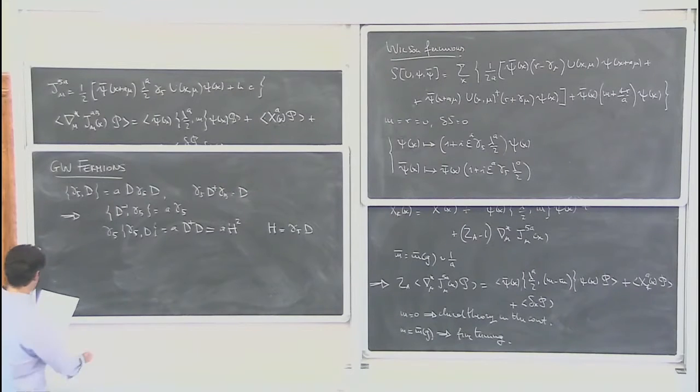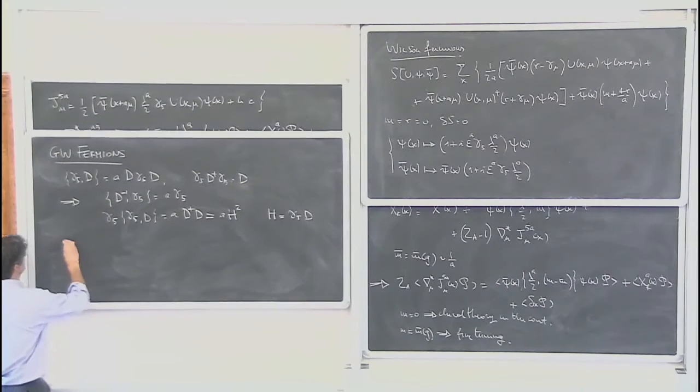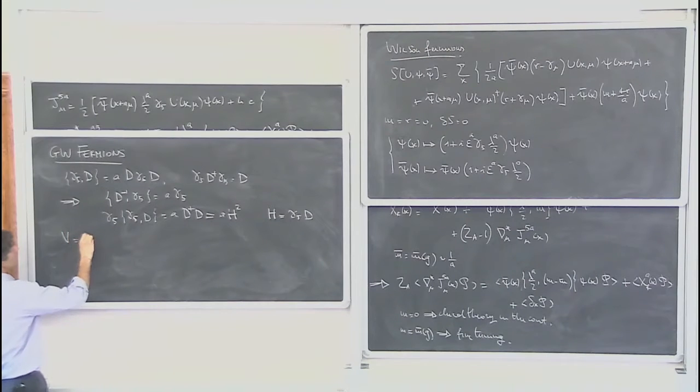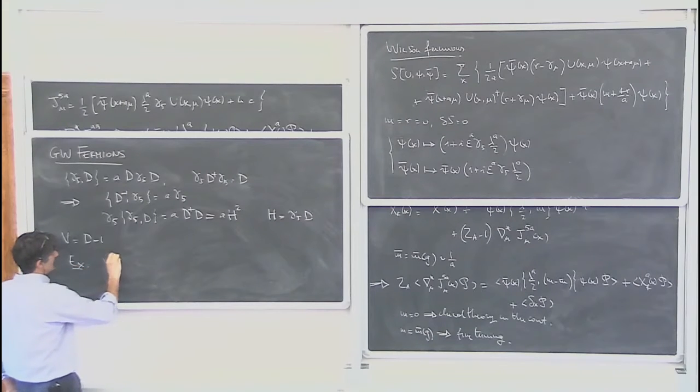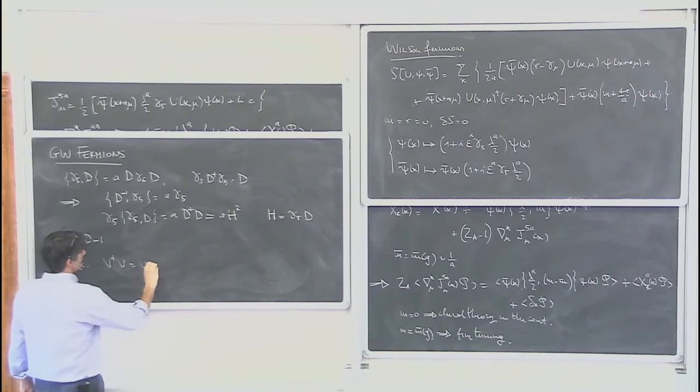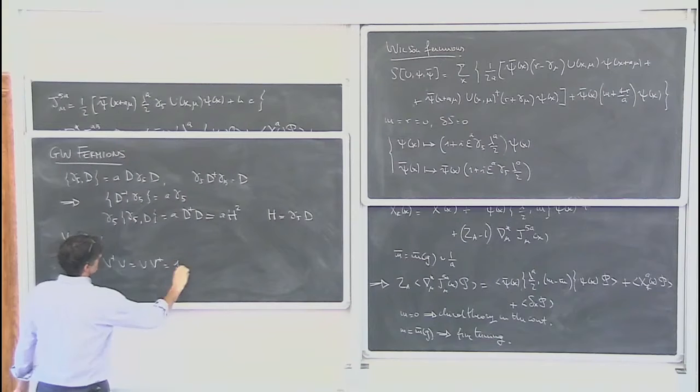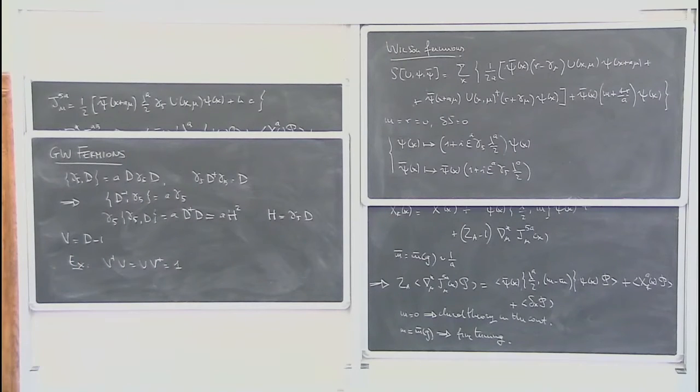Okay? So first of all, we can define an operator V, which is simply D minus 1. Okay? And then you can show, as an exercise, that V is unitary.